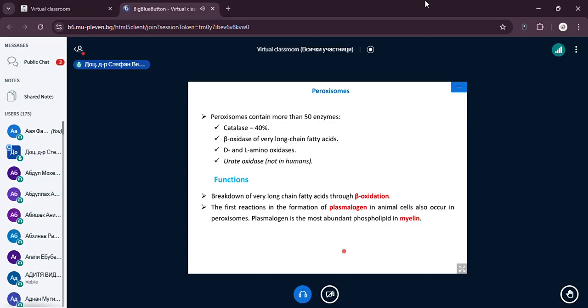And not in humans, but in animal peroxisomes, we have urate oxidase. This urate oxidase has a tendency to crystallize and form the nucleoid or the crystalloid core. Because this enzyme is not present in the human peroxisomes, we don't have the nucleoid there.